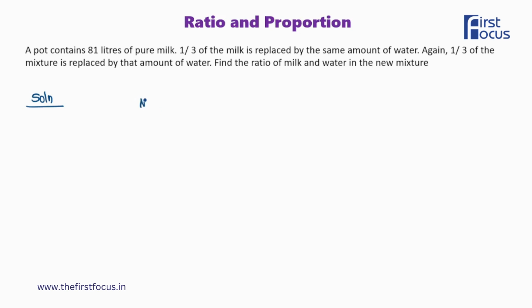So we have to write milk and water in ratio first. So what is the initial ratio of milk and water? That is 81:0 because it is 81 liters of pure milk. We have to replace 1 by 3 of the milk. What is 1 by 3 of 81 liters? 81 into 1 by 3, which is 27 liter.